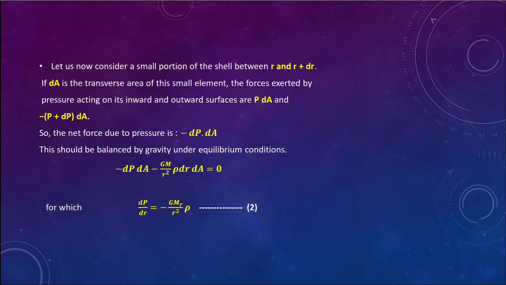Since the mass of the small element under consideration is rho dr into dA, the force balance condition will be dP dA equal to G M(r) m by r squared, where m is rho dr into dA. Setting it to the other side, we get dP by dr equal to minus G M(r) by r squared into rho. G M(r) by r squared is the field, and we are multiplying it with rho, that is, the mass. And this is the second important equation in basic stellar astrophysics.